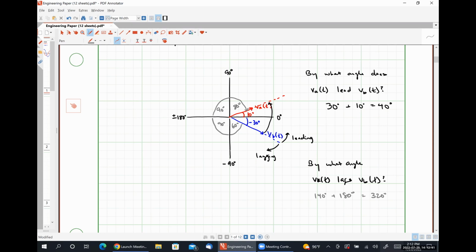So VA lags VB by 320 degrees. Now, I want to point something out here. Conceptually, using a phase diagram isn't particularly difficult. The second thing that's mentioned in the statement is where we start our measurement from. If we want leading, we measure counterclockwise. If we want lagging, we measure clockwise.